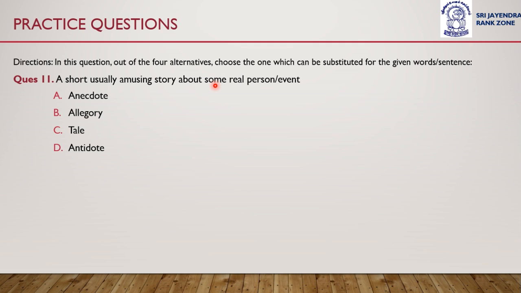A short, usually amusing story about some real person or event. Antidote cannot be it, therefore we have to choose between option A, B, and C. Is it called an anecdote, an allegory, or a tale?